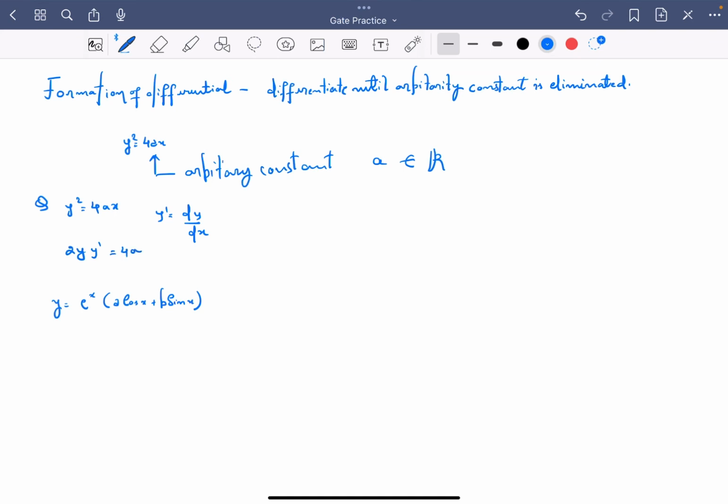Differentiate again to get 2y dash square plus 2y y double dash is equal to 0. This is equal to y dash square plus y into y double dash is equal to 0. So this is a second order differential equation.